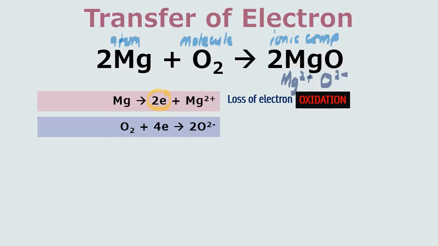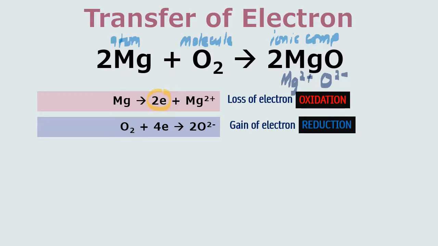The process of gaining electrons ensures that oxygen molecules undergo reduction. This is the third terminology of redox.